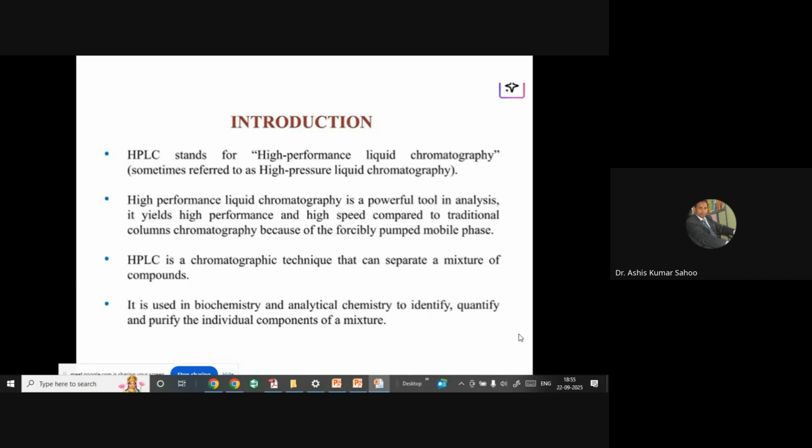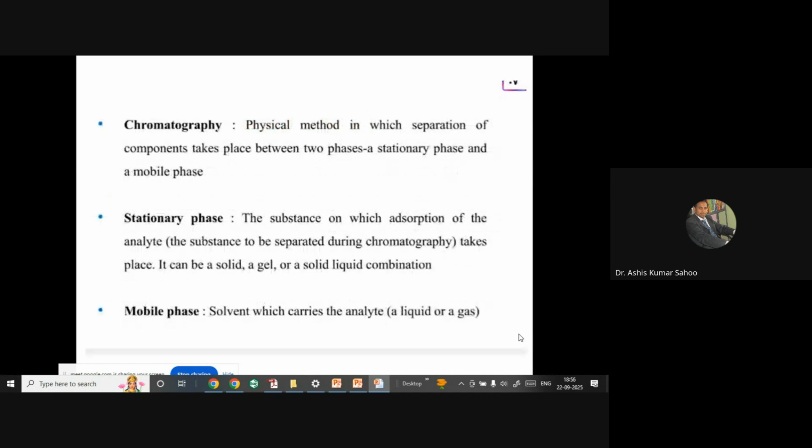HPLC is a chromatography technique that will separate a mixture of compounds. It is used in biochemistry and analytical chemistry to identify, quantify, and purify the individual components. Chromatography is a physical method in which separation of components takes place between two phases, the stationary phase and the mobile phase.